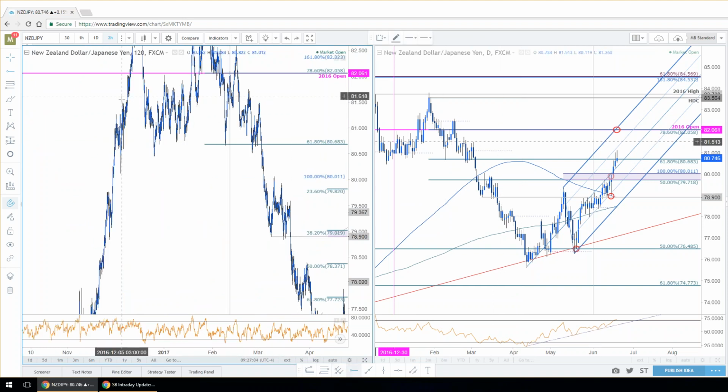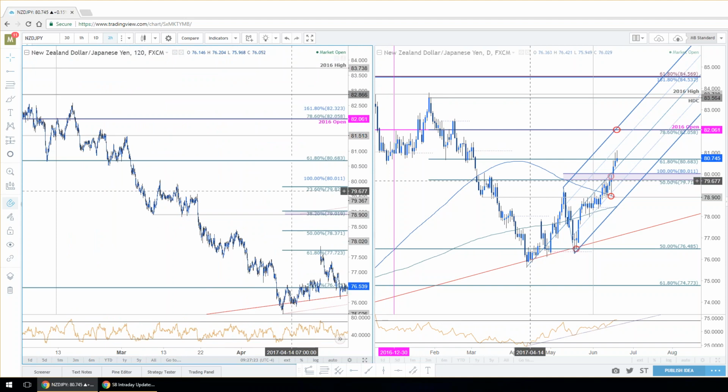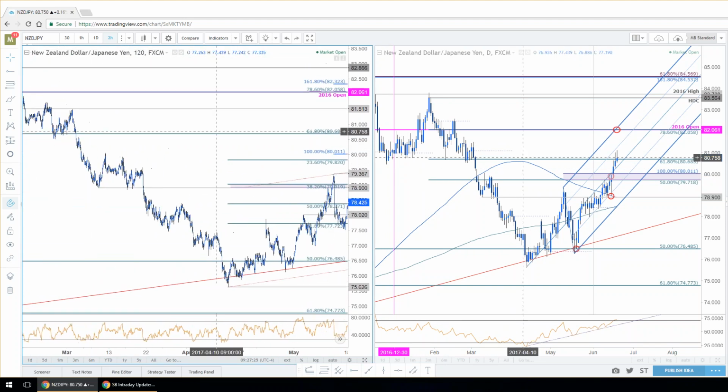Yeah, I would keep 85.50 as a soft target too. Resistance, support, acceleration on both ends, resistance. Put that as a soft target on a topside break. But yeah, that's sort of what I'd be looking at.